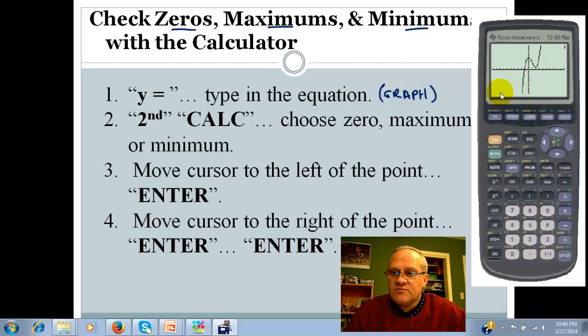And then in a second, right down here, it'll tell you maximum x equals a negative 1.15. Or maximum negative, that doesn't make any sense. Oh, here we go. That's why it threw me off. Notice, look real closely.